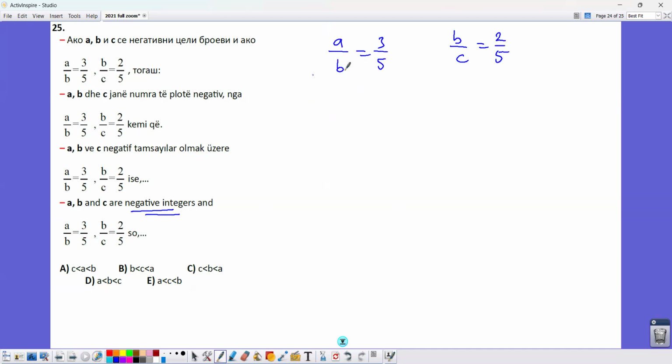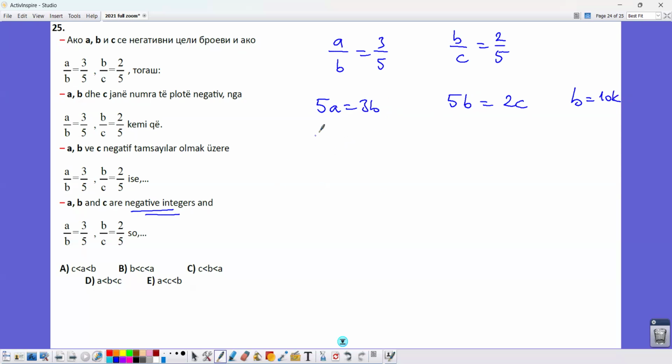So I will cross multiply, which gives 5a is equal to 3b, and 5b is equal to 2c. As you see, a depends on b, and c depends on b. So I will choose b as another number. I'm choosing 10k because 5 divides 10, and 2 divides 10. Let's say b is 10k, which we don't know.